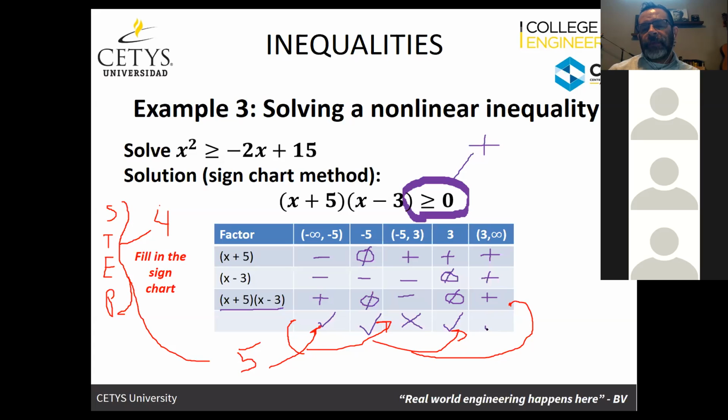Yes. And so the ones that have a check mark are the solutions to the inequality. So this one, that includes the minus 5, and this one, that includes the 3. That would be the solution, okay?